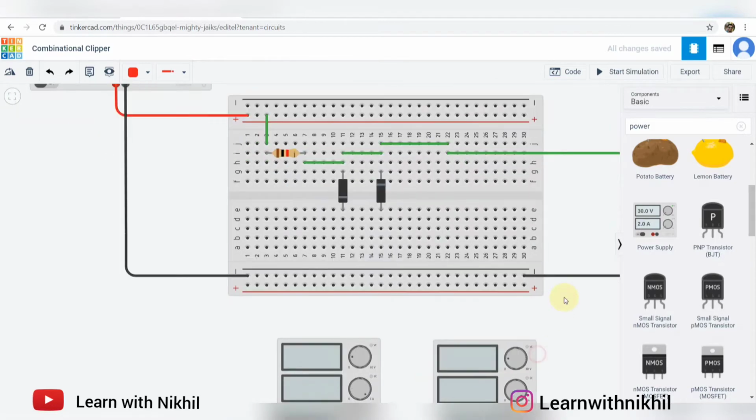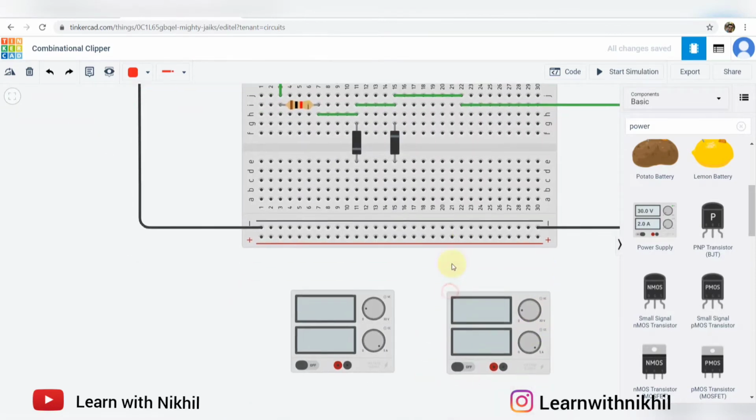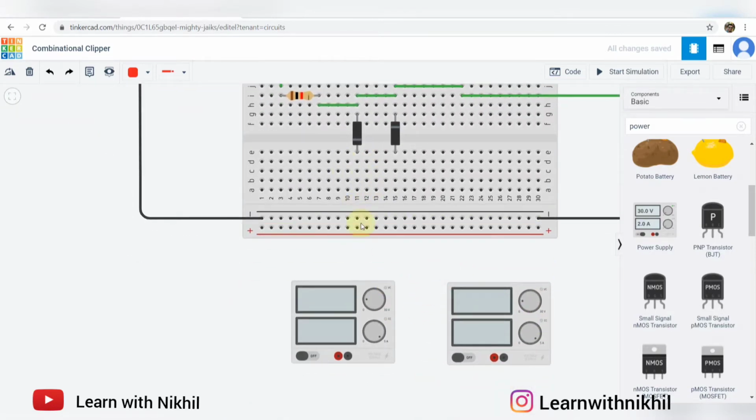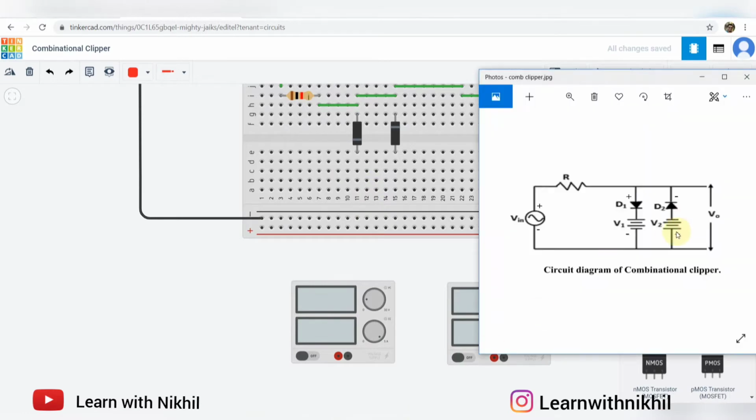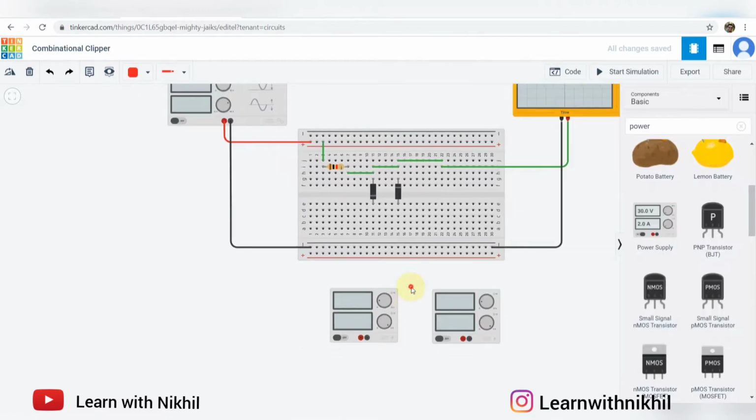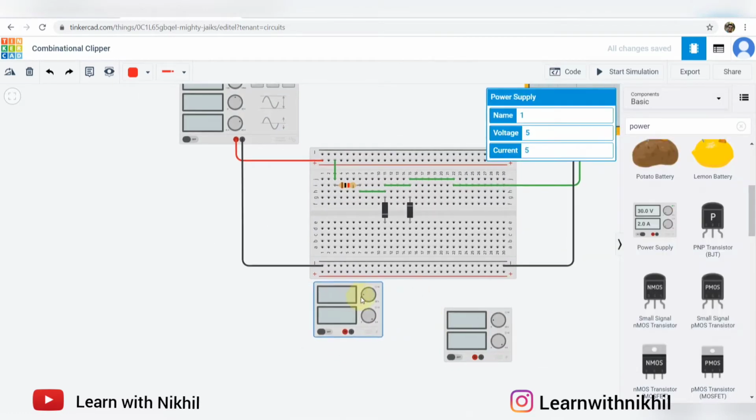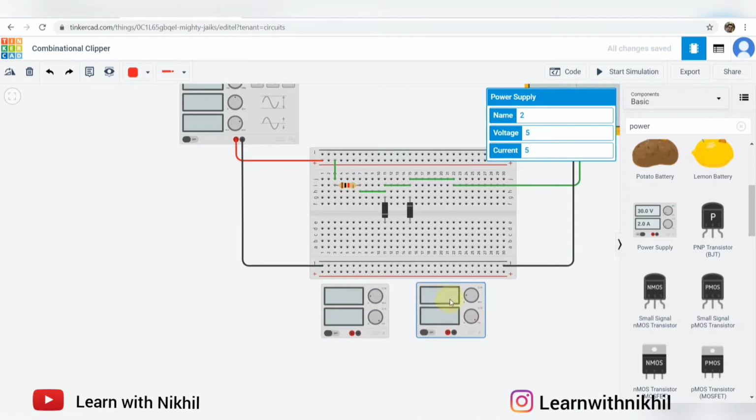Now we have to attach the power supplies below here. So positive is attached to the negative and negative is attached to the ground. Power supplies.